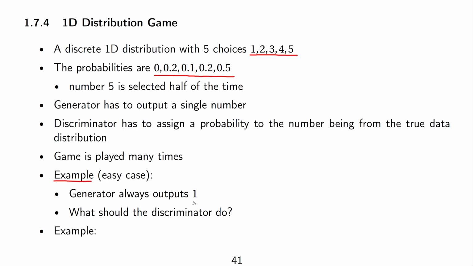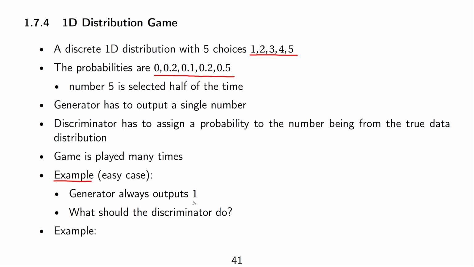This is not that complicated, because there are no 1s in the true distribution. Therefore, whenever the number 1 appears, the discriminator can safely assign a value of 0. That means it can be confident that a 1 is fake.